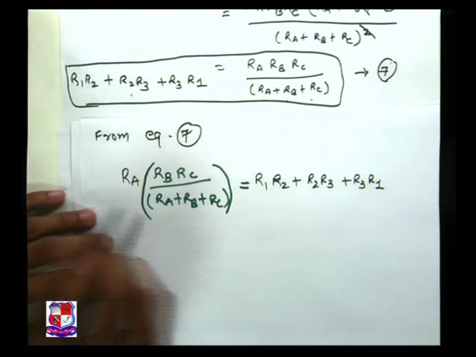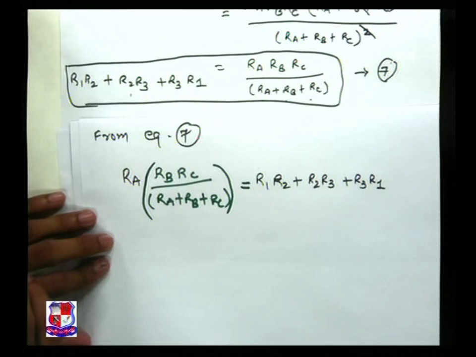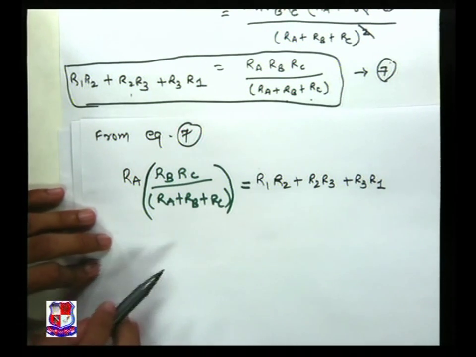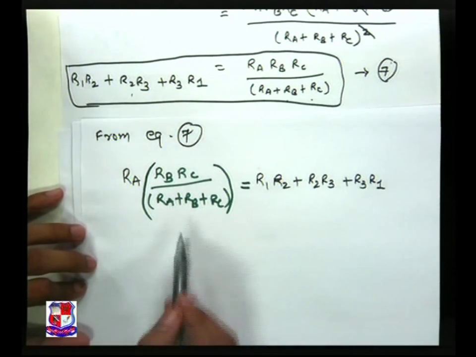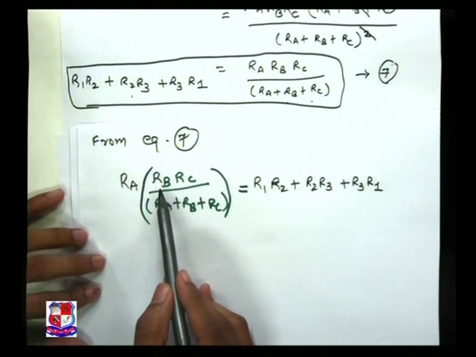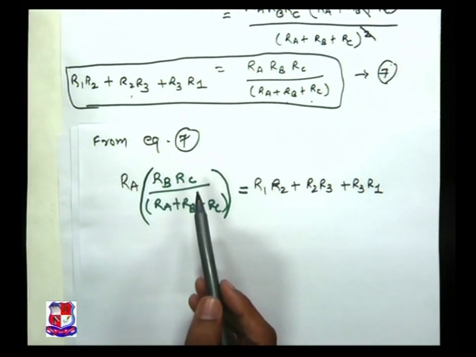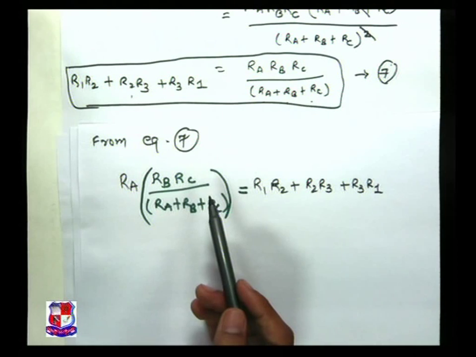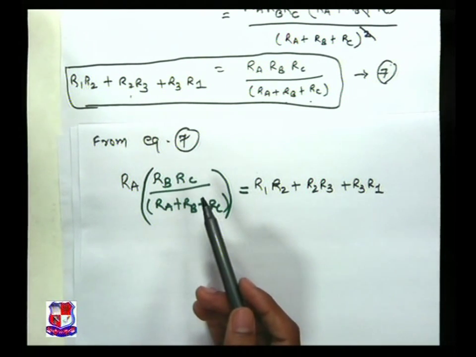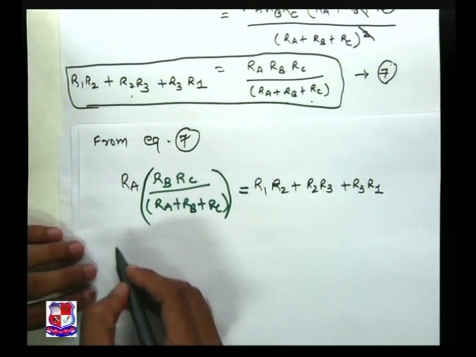Now remember our previous equations, which we wrote down as equation number 1, 2 and 3. So from equation number 1, RB into RC is known as R3.